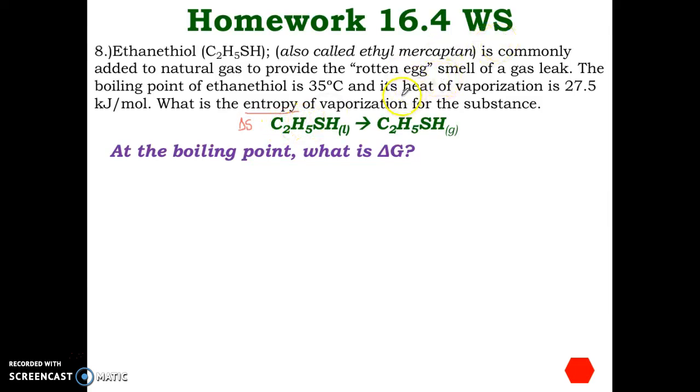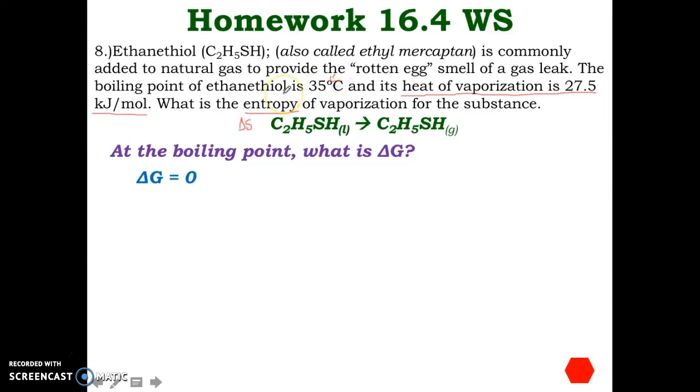What is the entropy of vaporization for the substance? Its heat of vaporization is how much energy it takes for it to vaporize, which is also delta H, or change in energy. So heat of vaporization, delta H, we're looking for delta S, and here is my temperature.